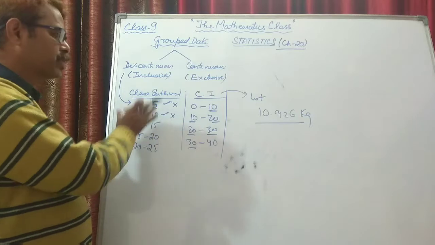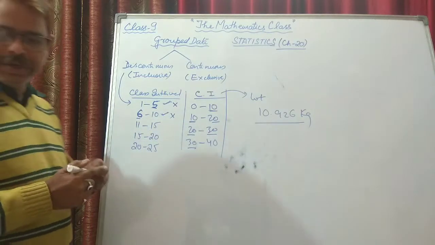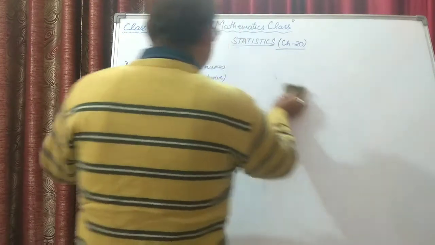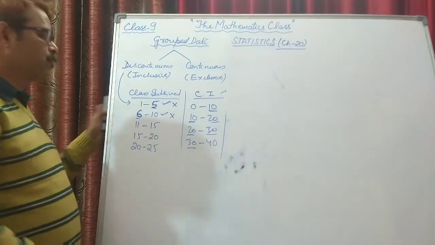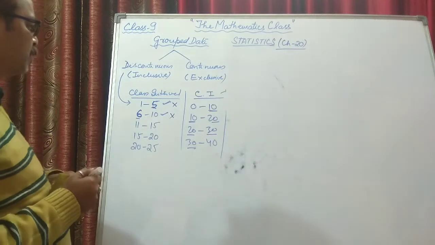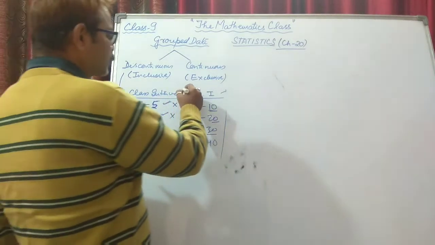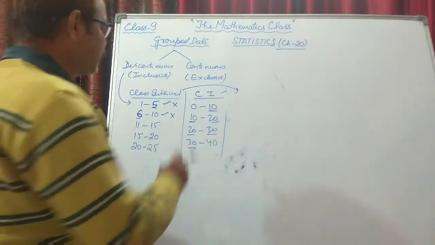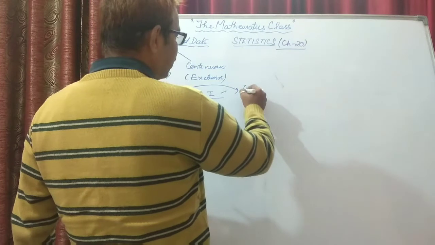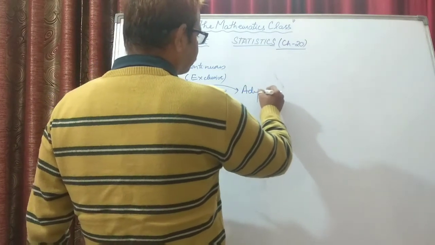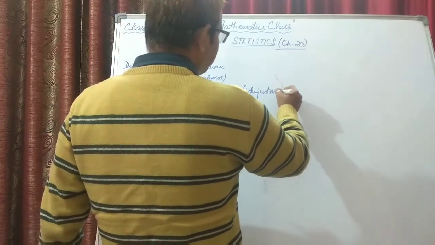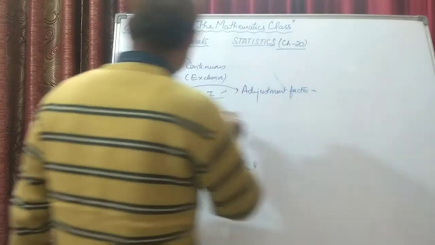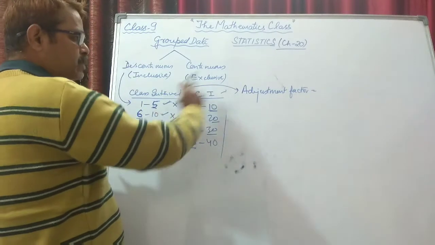So generally we convert all the discontinuous data into continuous data. How do we do that? We find the difference, and that is known as the adjustment factor.